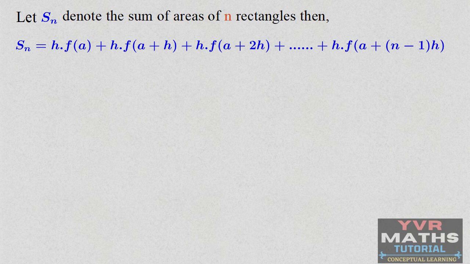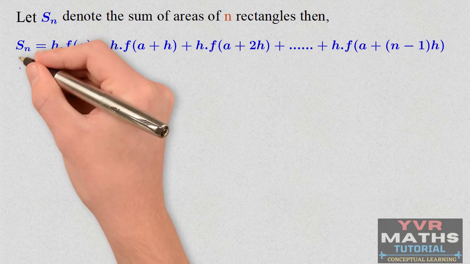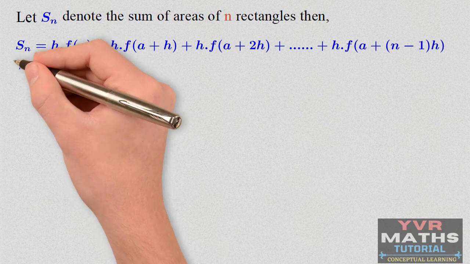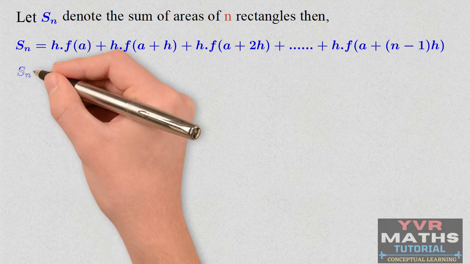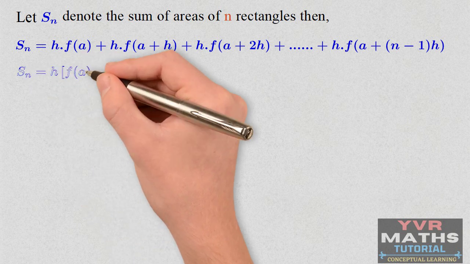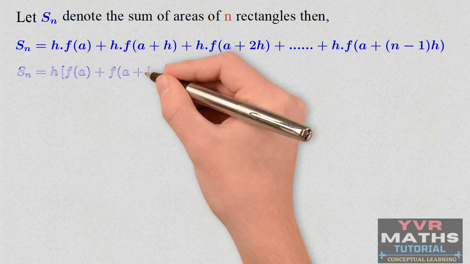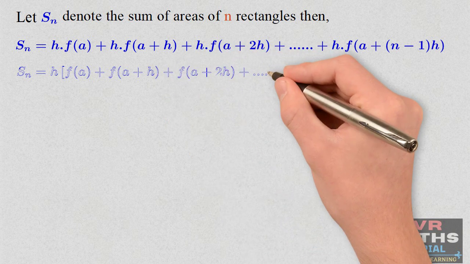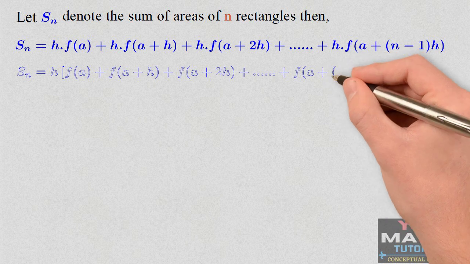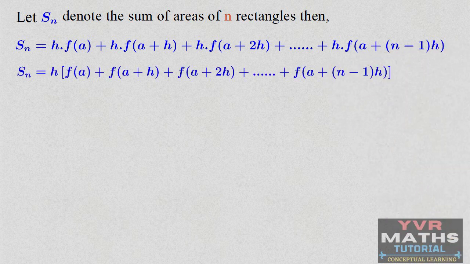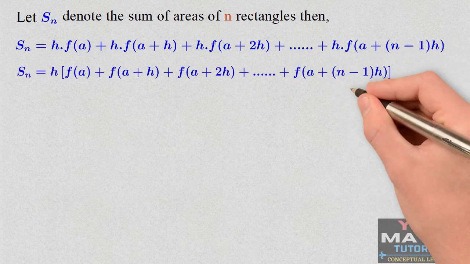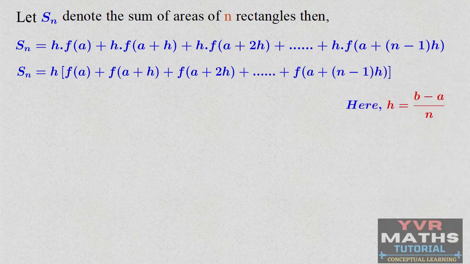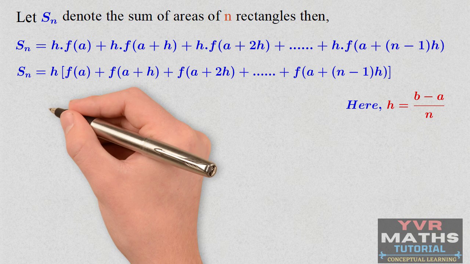From right side, from each and every term, if we take h common, then what you will get? See in the next step. Sn is equal to h into f of a plus f of a plus h plus f of a plus 2h plus up to so on f of a plus n minus 1 into h. Here what is h? Here h is b minus a by n. Already we discussed this about this h in the first slide.